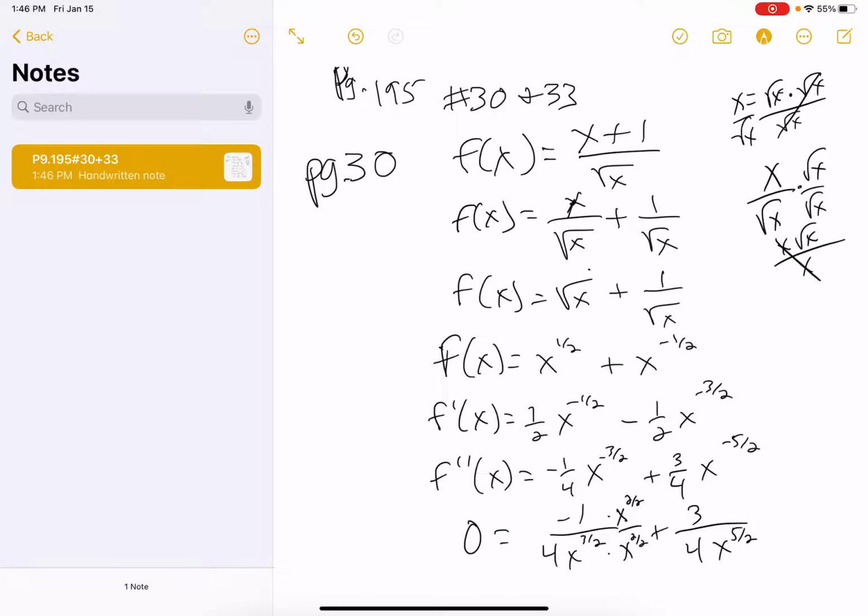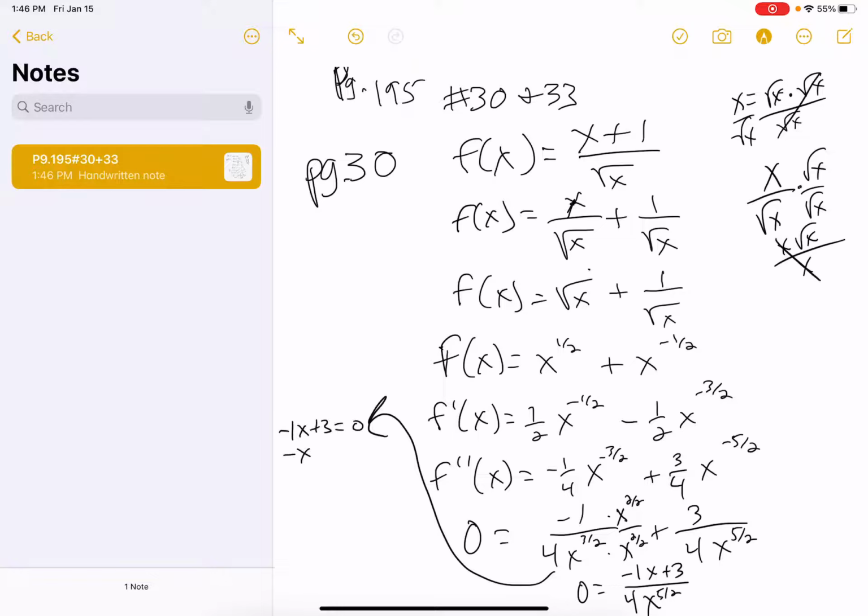That leaves me with 0 equals negative x plus 3 over 4x to the 5/2. So to solve where this equals 0, I look where just the top equals 0.